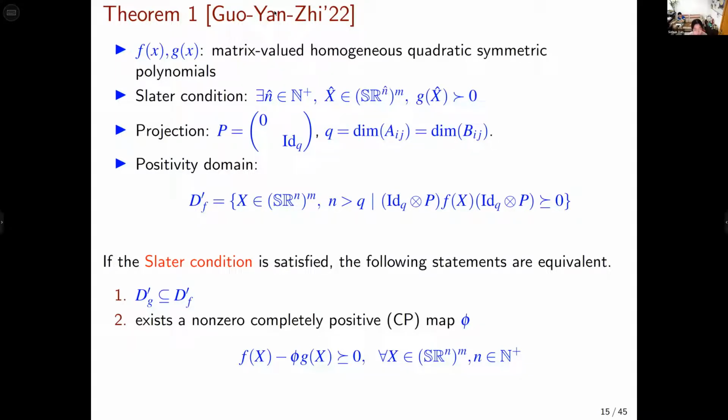Condition 1: the positivity domain defined by the projection P of g is included in the positivity domain defined by the projection of f. Condition 2: there exists a non-zero completely positive map phi such that f minus phi of g is positive semi-definite for all x.